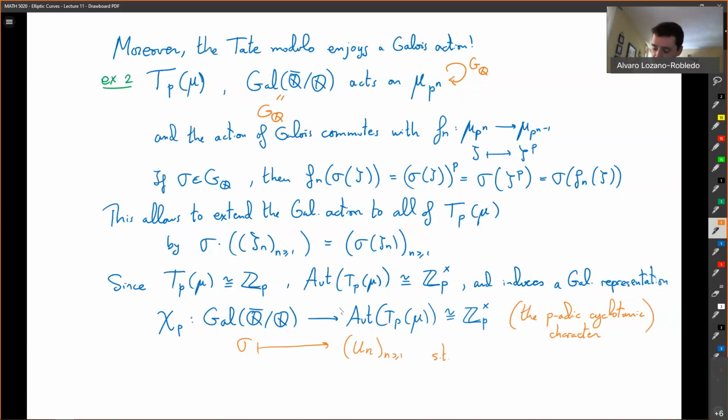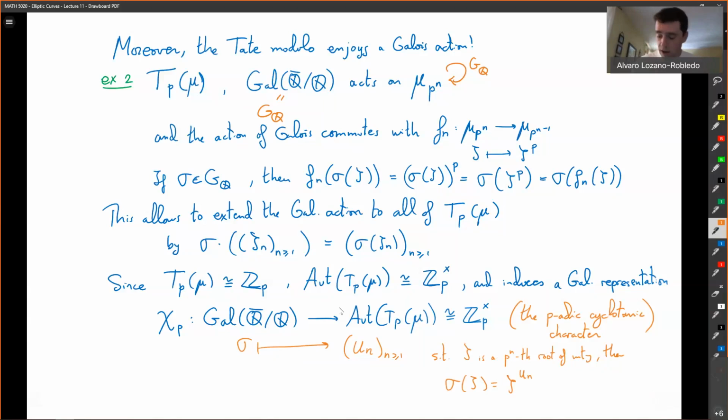The determination is: if zeta is a p^n-th root of unity, then sigma of zeta has to be a power of zeta, and that power is actually u_n. So the nth coordinate is an integer modulo p^n such that zeta goes to zeta to that number via sigma.